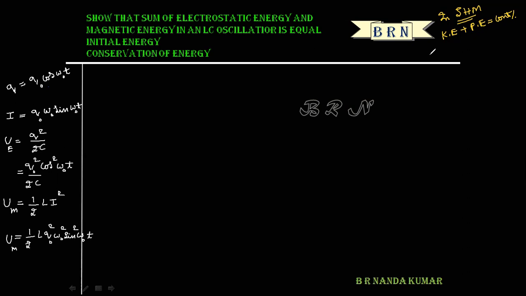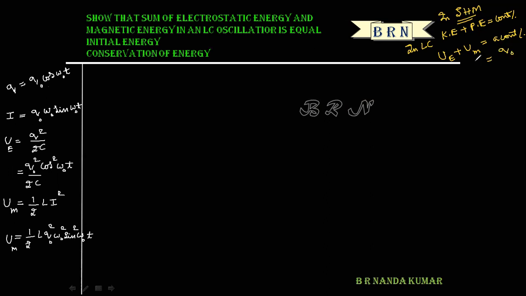In a similar way, in LC oscillations, the sum of electrostatic potential energy and magnetic potential energy at any instant of time will remain constant, and that is exactly equal to the initial energy.